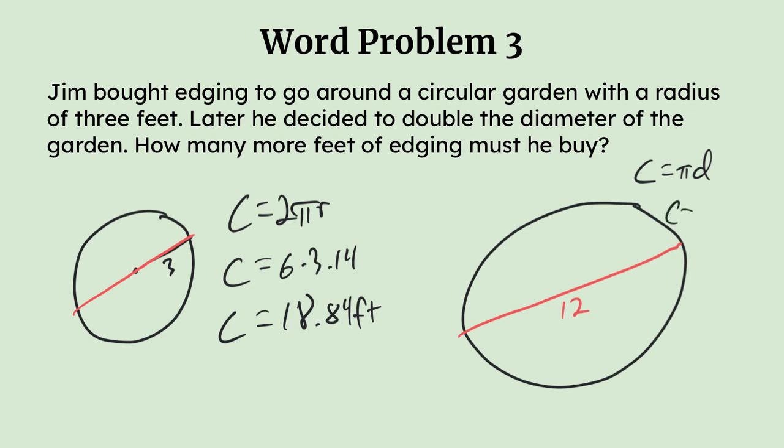So C equals 12 times 3.14. And we get 37.68 feet.